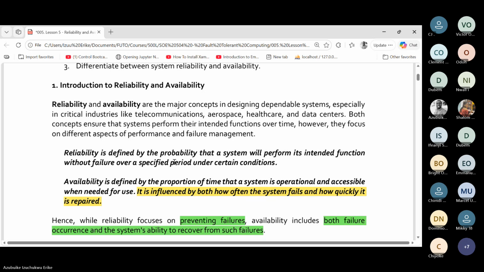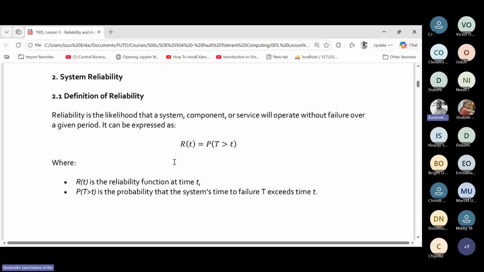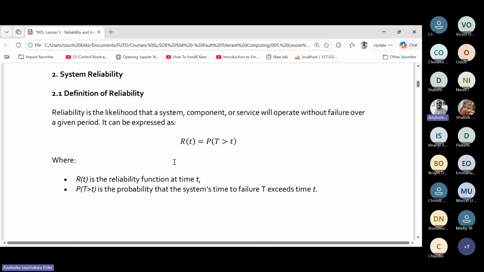Now let's continue. Let's look at the definition of system reliability. We say that it is the likelihood. The moment we mention the word likelihood, what comes to mind? Probability. All right.